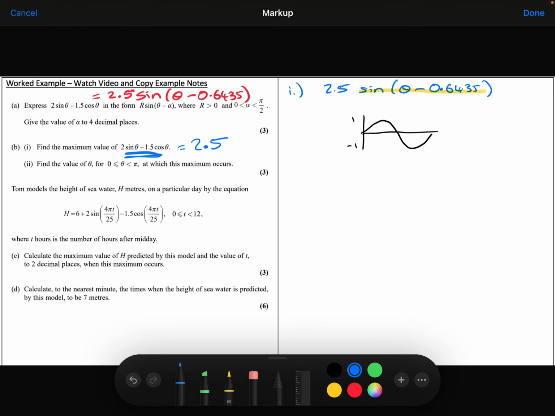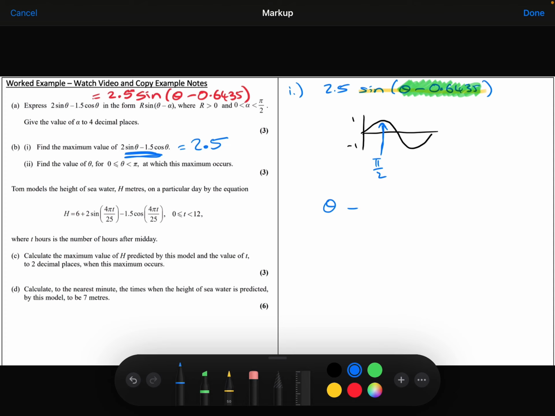Part II, find the value of theta at which this maximum occurs. Well, I can see here that the maximum for sine occurs when the angle is pi over 2. Which means that this on the inside here would have to equal pi over 2.